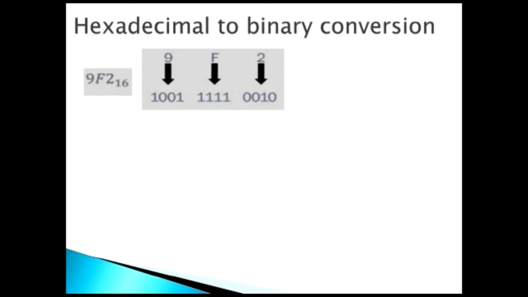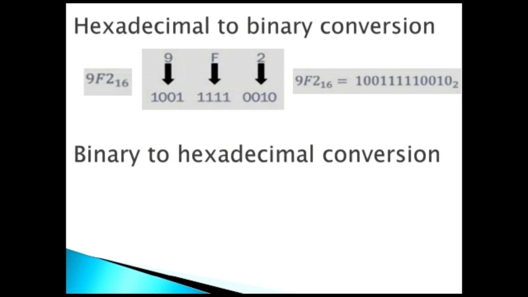Now F is replaced by 1111 and 9 is replaced by 1001, and then we will club all these 3 sets and we will have the conversion in the form of binary form.